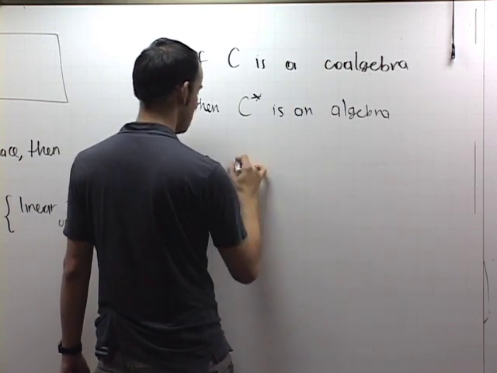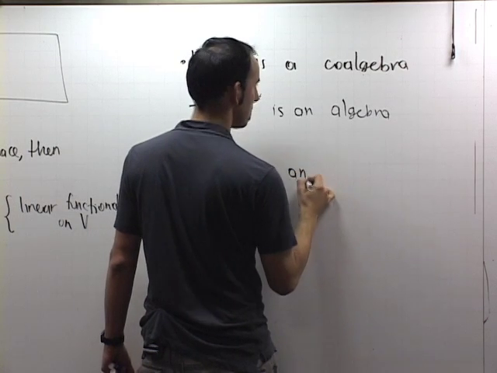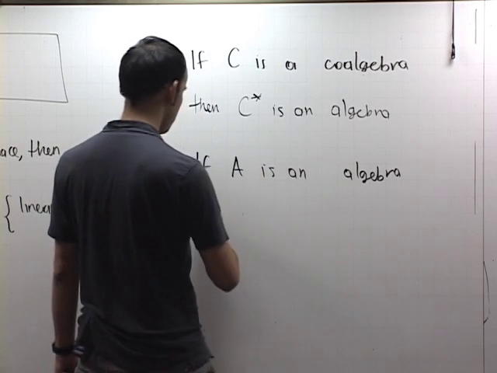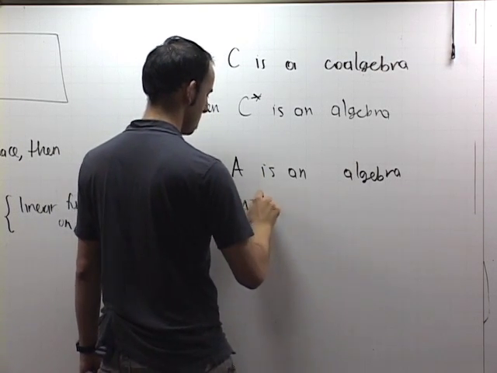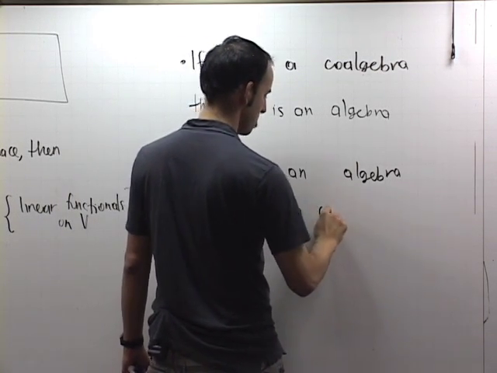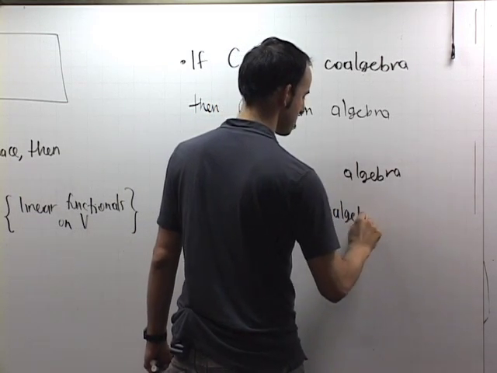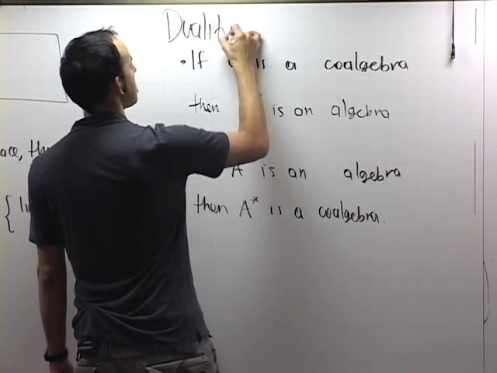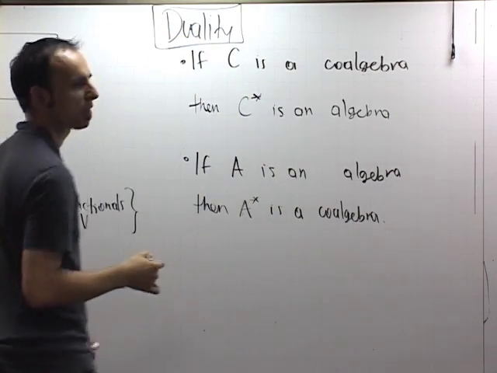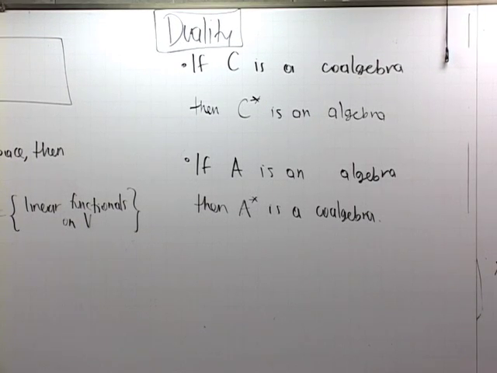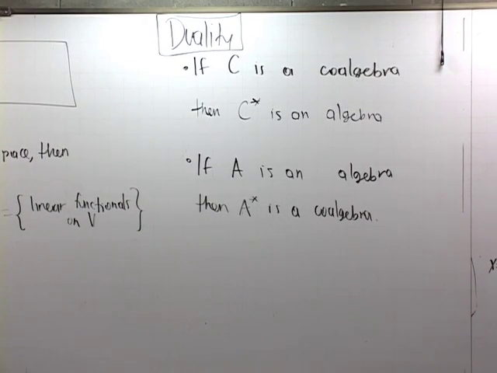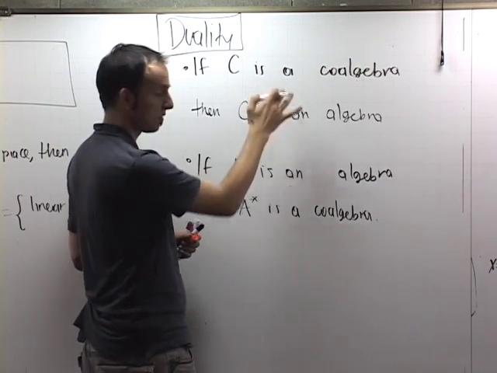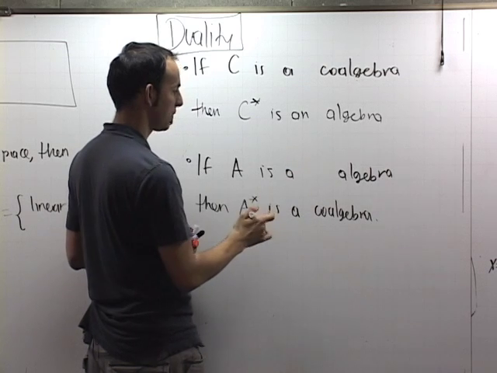And dually, if A is an algebra, then the dual should be a coalgebra. Okay. And this would be called duality between algebras and coalgebras. Okay? The problem is that it's not true, but the good news is that it's almost true. This is true. This is not true. It's a little bit surprising.